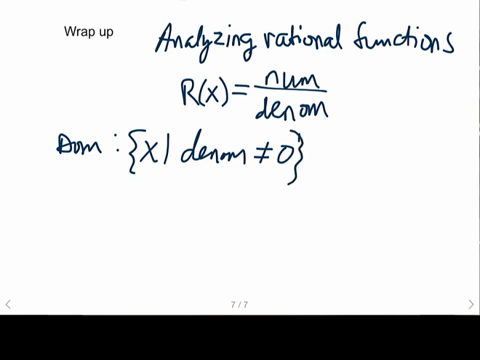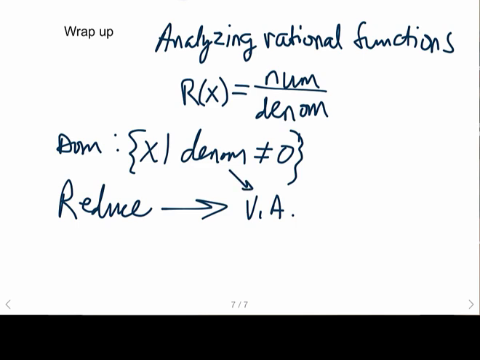Once we've done that, we reduce the rational function if we possibly can. And after reducing, we can figure out the vertical asymptotes. Those are numbers from the denominator, the factors of which do not end up dividing out.